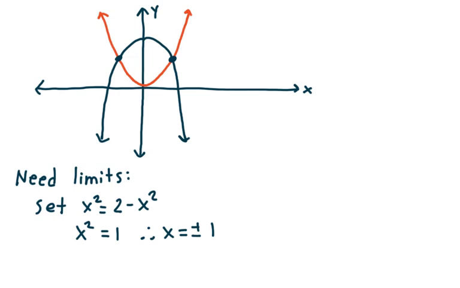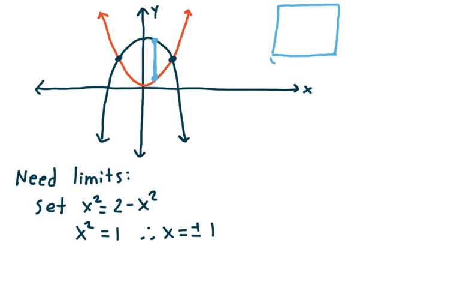Now, I'm going to draw a blue line that connects the parabola y equals 2 minus x squared to the parabola y equals x squared. And notice how that blue line is perpendicular to the x-axis. So now remember, we have a square, and one side of that square corresponds to that blue line.